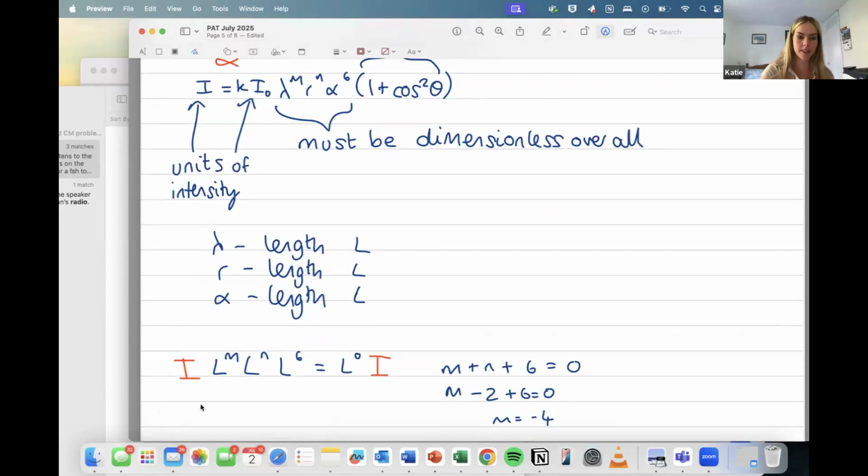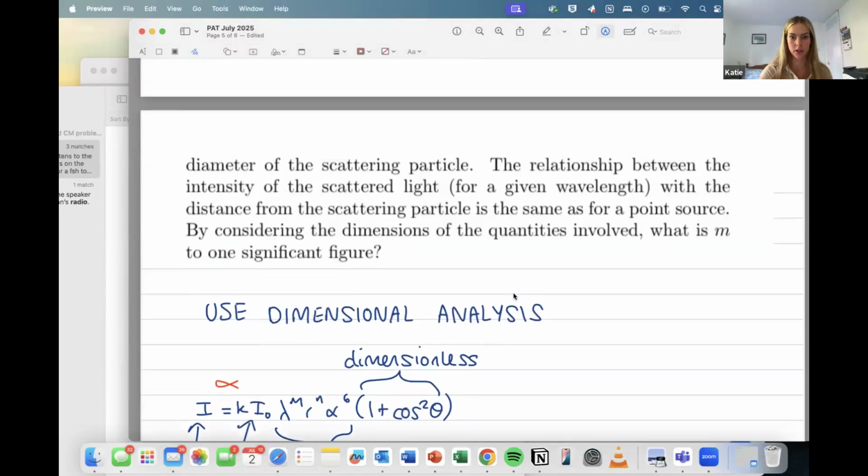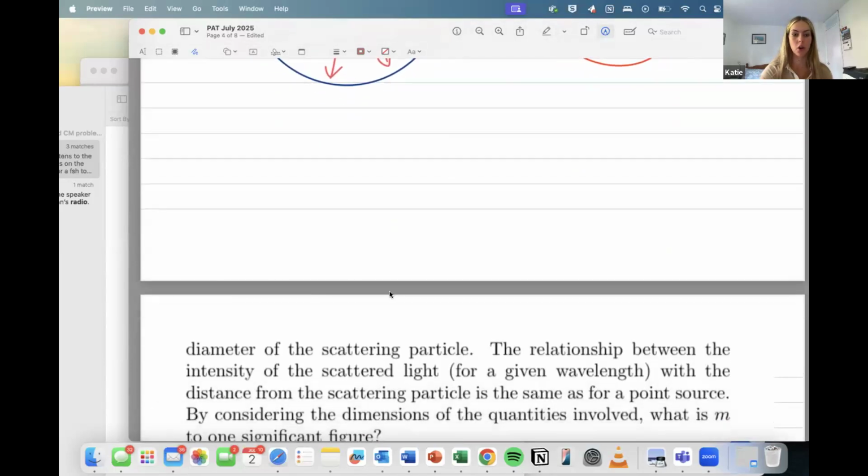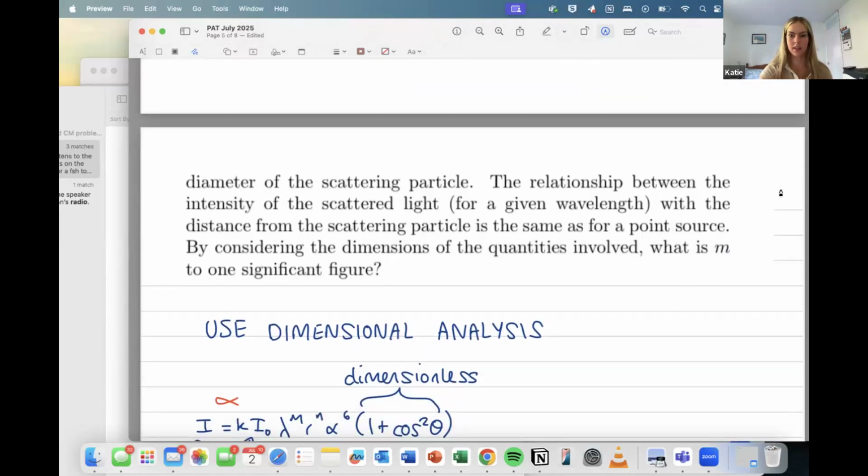So how do I go from m plus n plus 6 equals 0 to m minus 2 plus 6 equals 0? So we've already found from part A that n is minus 2 using this here. So we know that n is minus 2, and we're told that the relationship between the intensity of the scattered light and the distance from the scattering particle is the same as for a point source.